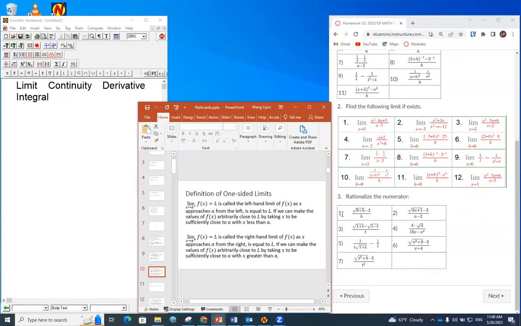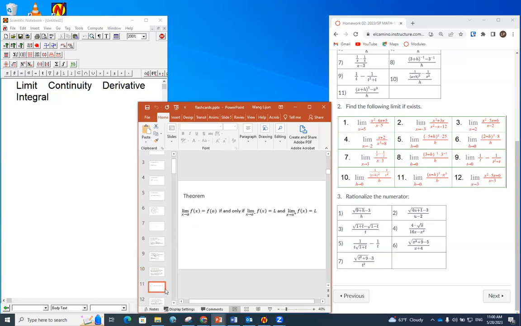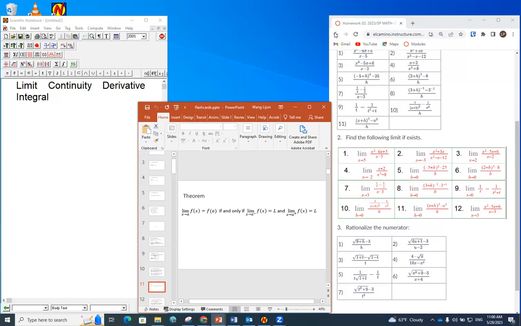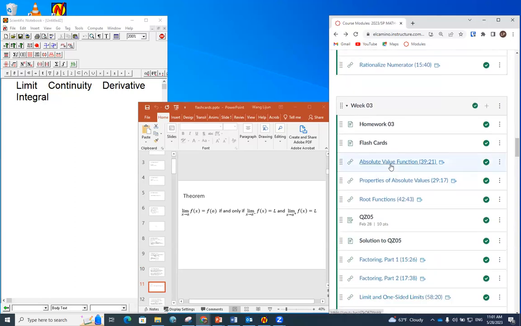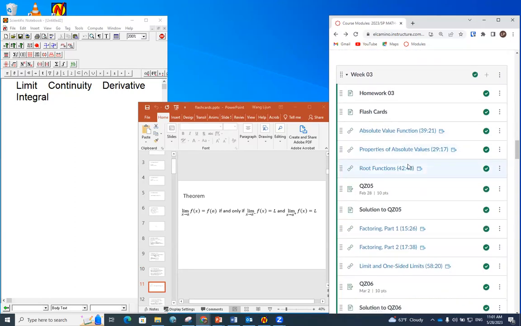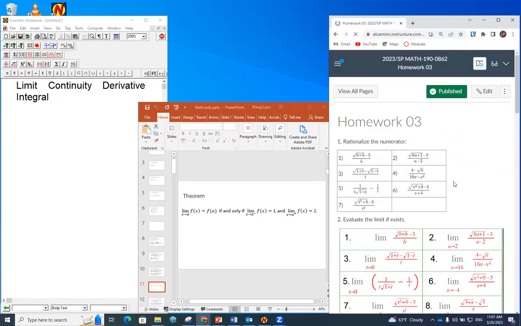You need to understand what it means, and what is the environment in which you apply it. For example, this theorem is a very, very important theorem. So let's go back to our week number 3. Week number 3, we have homework. Let's use our homework as a guideline.